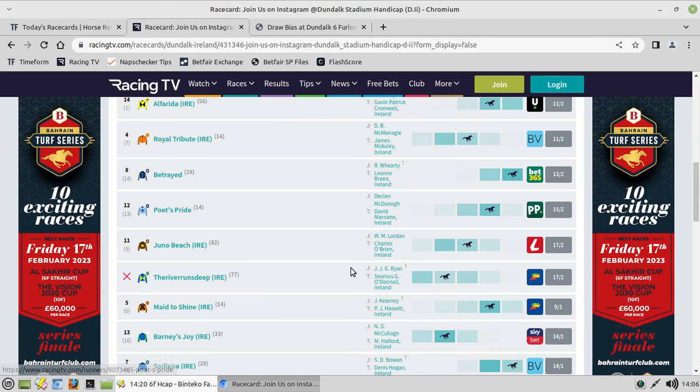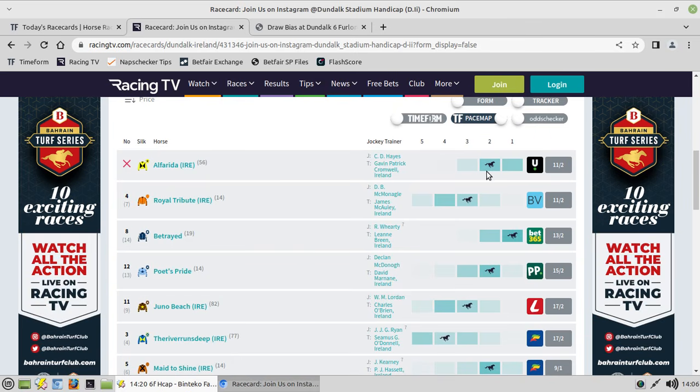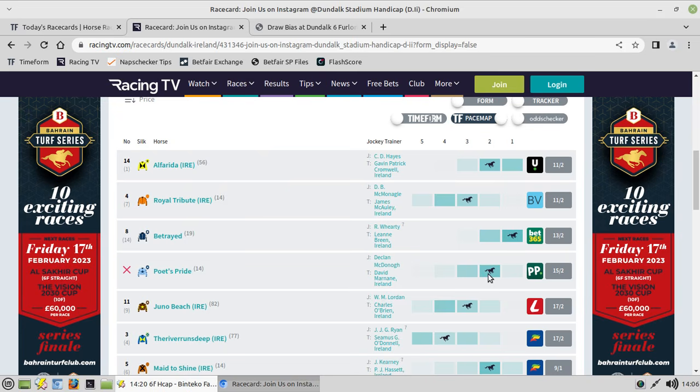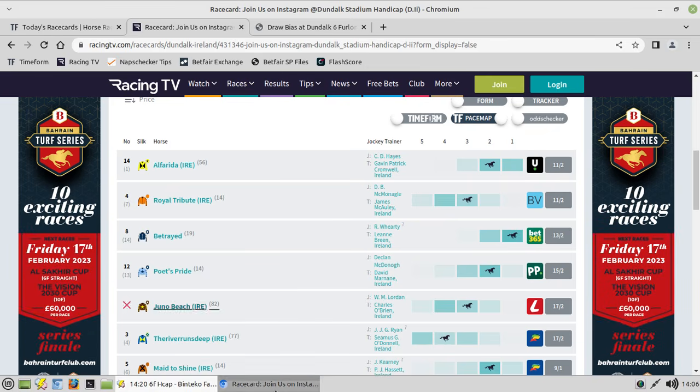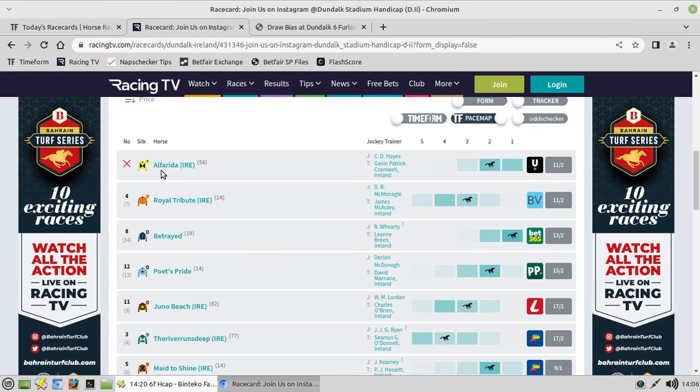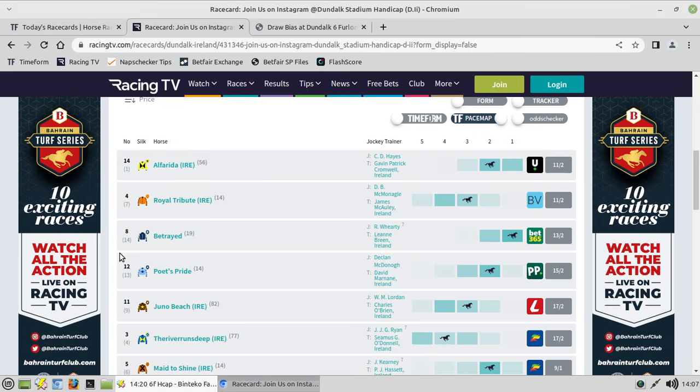So I think I'd be looking at these two, Alfarida and Poet's Pride, Royal Tribute and Betrayed. Let's just see. Right, Alfrida's low in stall draw. Betrayed is high.